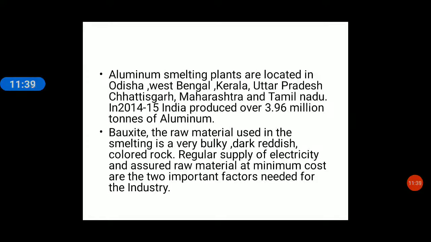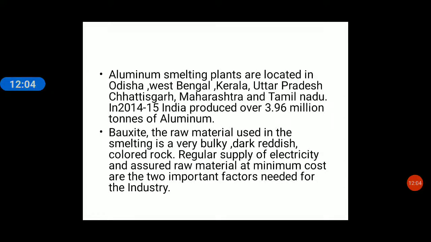Odisha, West Bengal, Kerala, Uttar Pradesh, Chhattisgarh, Maharashtra, and Tamil Nadu. In 2014-15, children, in certain books, the data can be different depending upon which year it is showing. So according to 2014-15, India produced over 3.96 million tons of aluminium.